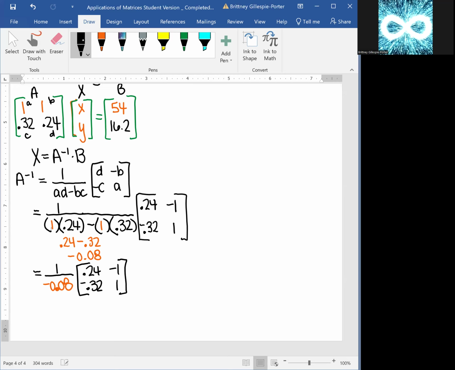And we have multiplication by a scalar, which means that we are going to distribute this 1 all over negative 0.08 times 0.24. That crazy fraction times negative 1. Crazy fraction times negative 0.32. When you get your answers, go ahead and convert them back to simplified fractions. We should get negative 3 and then 25 over 2 in row 1, positive 4 and negative 25 over 2 in the bottom row.